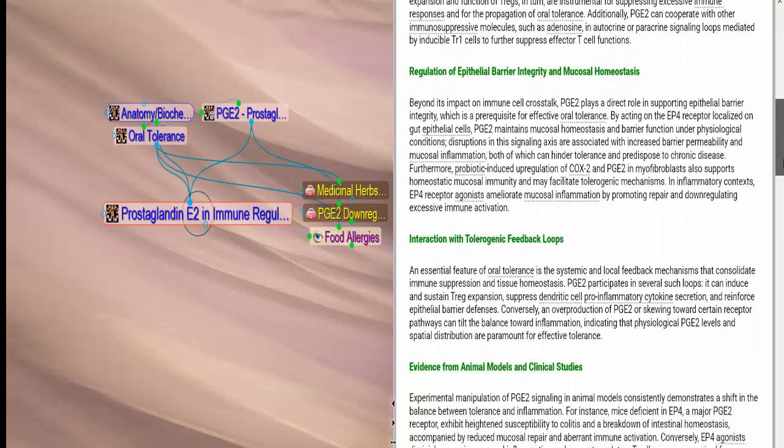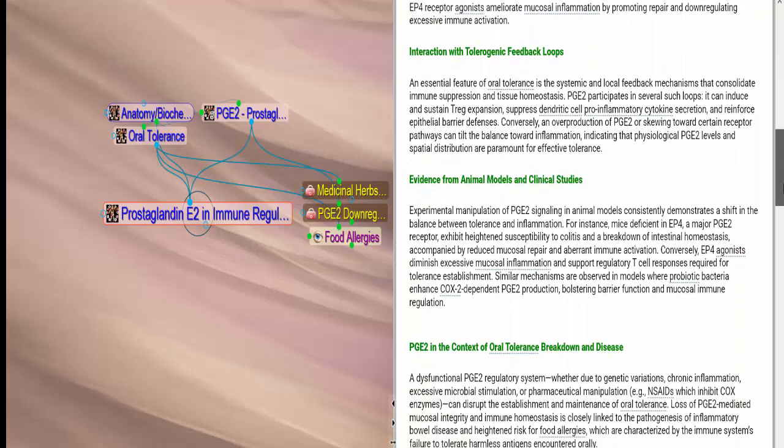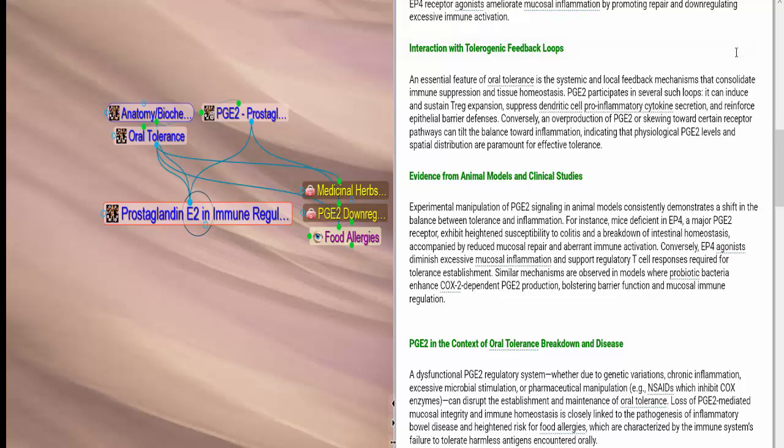chase and tell you that this is something that can be seriously disrupted by the use of non-steroidal anti-inflammatory drugs, NSAIDs, like Tylenol, for example.